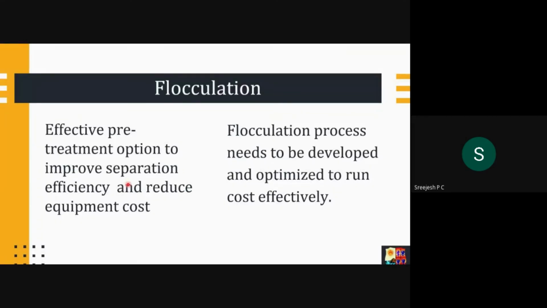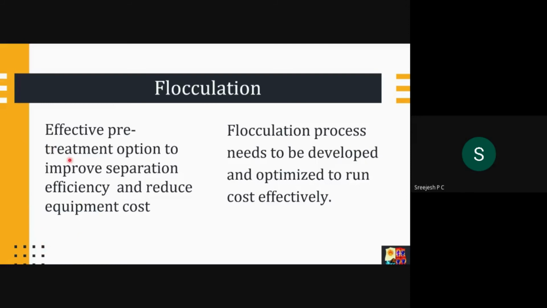So as I mentioned, flocculation is the first stage of treatment. Normally, flocculation is used as a pre-treatment. Why as a pre-treatment? To improve the separation efficiency and reduce the equipment cost. Especially, flocculation is a pre-treatment before filtration as well as before centrifugation.